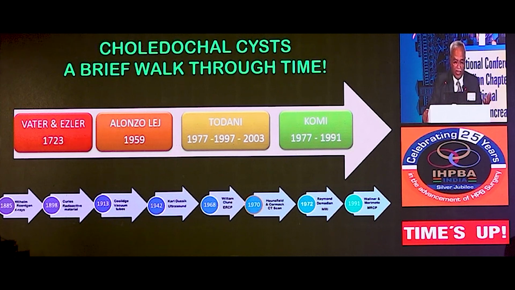William Classen, ERCP in 1968. 1970, Hounsfield and Cormack, CT scan, and they got the Nobel Prize as a result of that. 1972, Raymond Damadian discovered and patented MRI. 1991, Walter and Morimoto established and patented MRCP. Now we have the intraoperative ultrasound scan.